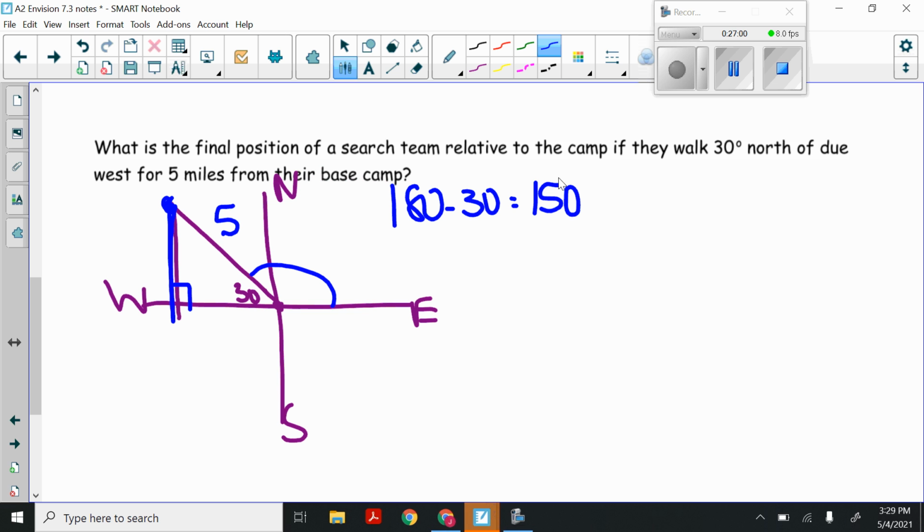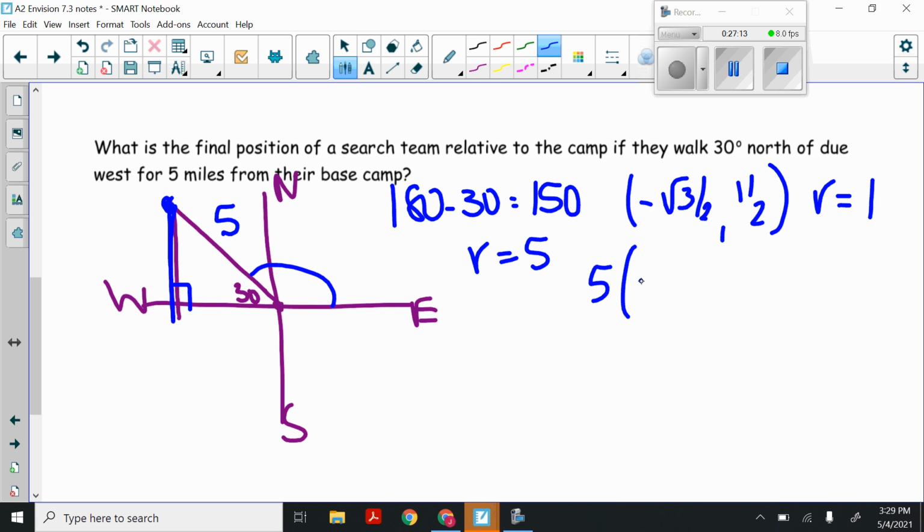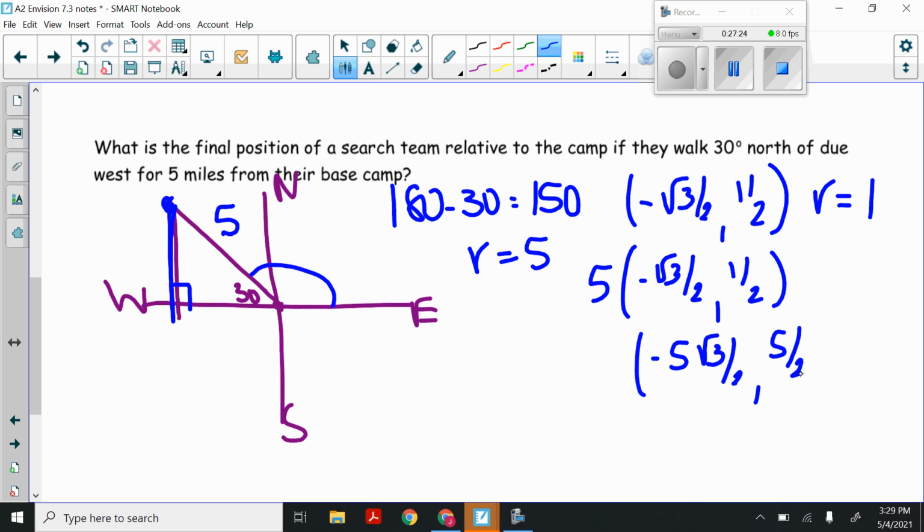So at 150, my point is negative square root of 3 halves, comma 1 half. But this was with a radius of 1 on my unit circle. We have a radius of 5. So I would have to multiply this point by 5. So I would find my point to be negative 5 square roots of 3 over 2 and 5 halves.